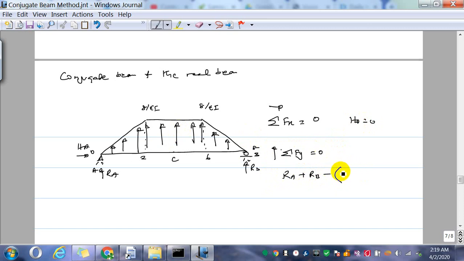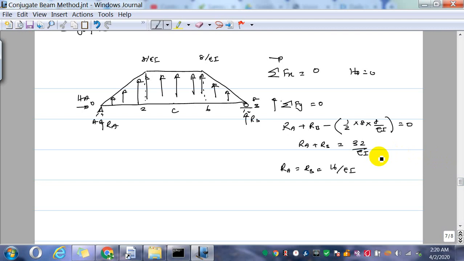The M over EI diagram area is half into 8 into 8 over EI. Okay, half into 8, the total base, and the vertical distance 8 over EI. So this is the area. So RA plus RB minus area is equal to 0, so that is RA plus RB is equal to 32 over EI. Since it's symmetric, RA is equal to RB is equal to 16 over EI. That is the load acting, the reaction at A and B.